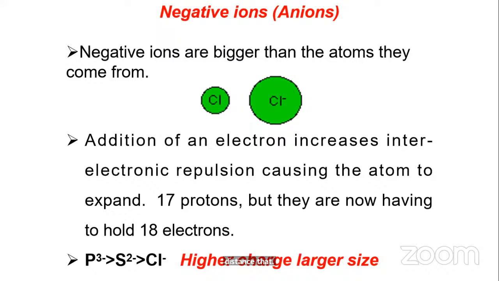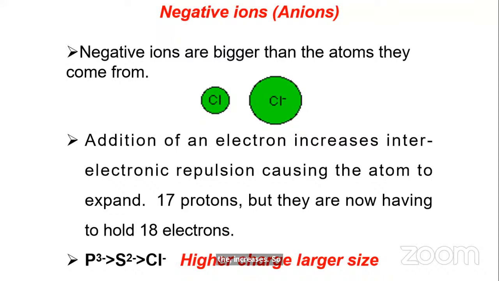When they repel themselves, they have an equilibrium distance that is no longer as close as it was before. As a result, the size of the anion is larger than the size of the atom from which it is made. Now, as you add more electrons to the electron shell, the repulsion increases.